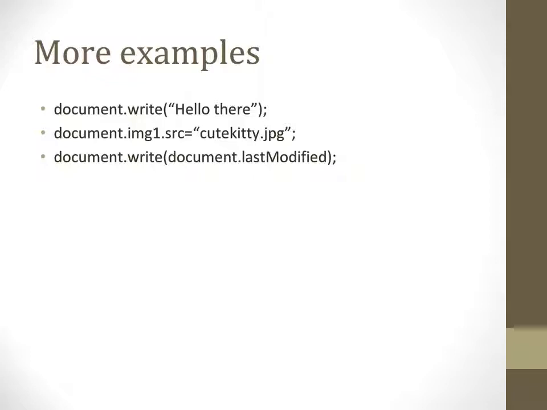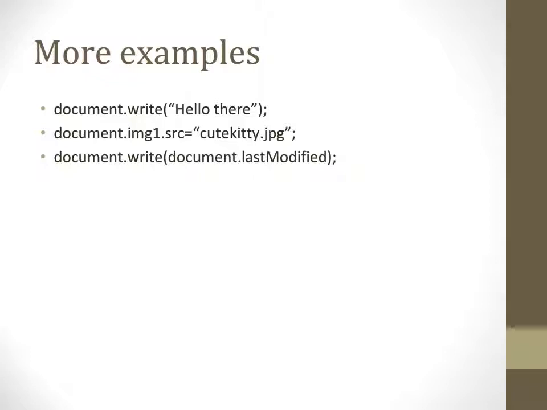We might say, and I'll tell you how to do this later, hey, if the user puts their cursor on top of an image, which is not cute kitty, when they put their cursor over it, I want you to dynamically change the image that's there using the source property and change it to cute kitty. So you have a rollover effect when you put your mouse over it, changing the source of the document.